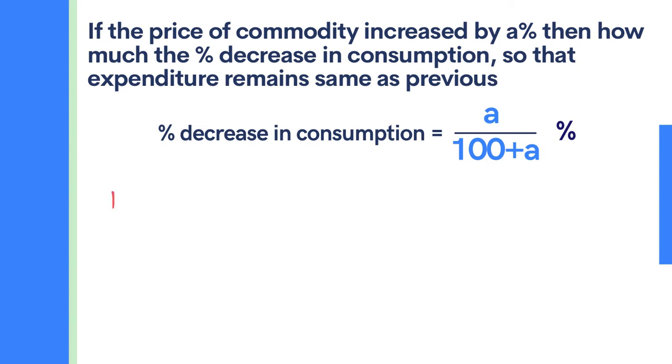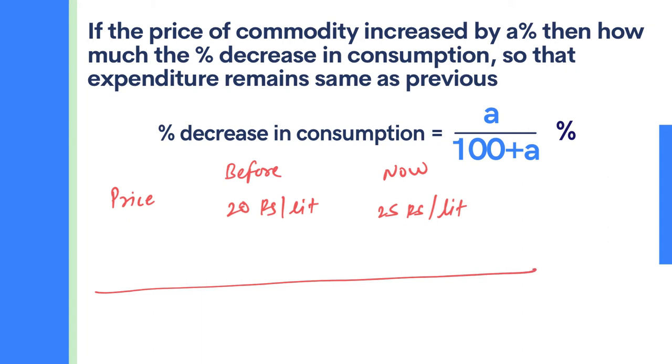According to the concept, suppose the price of milk before was 20 rupees per liter and now it is increased to 25 rupees per liter, and you have only 100 rupees to purchase milk.